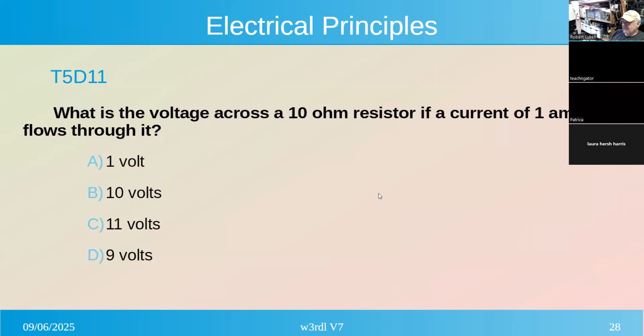What is the voltage across a 10 ohm resistor if a current of 1 ampere flows through it? So it's I times R. Anything times one is anything.